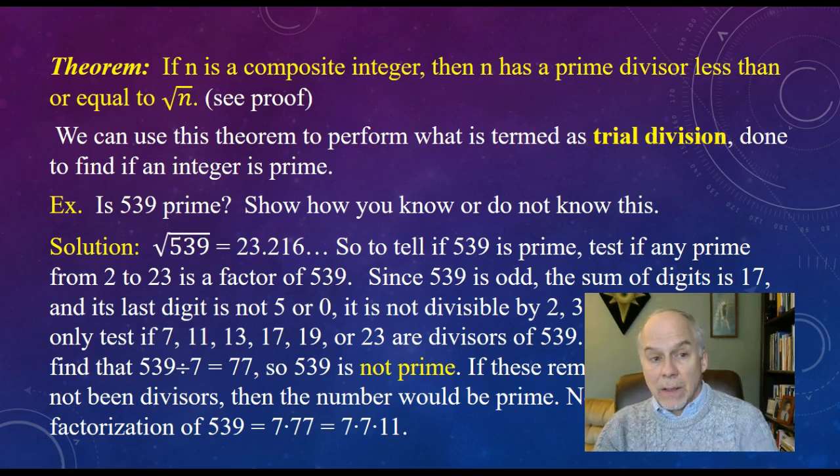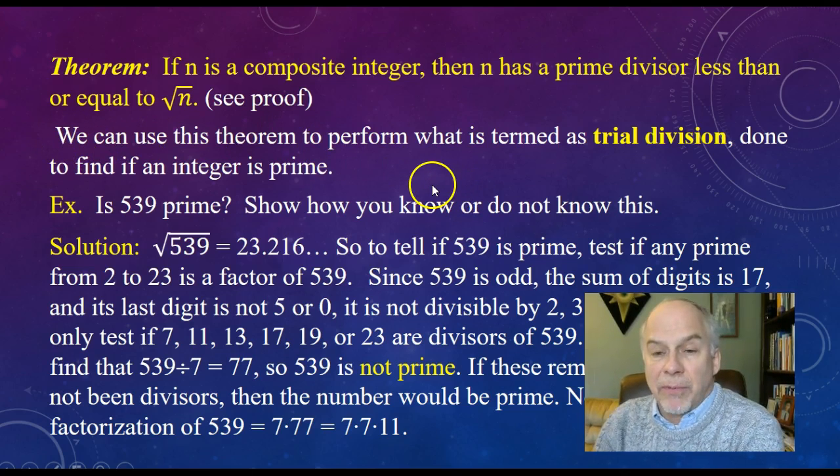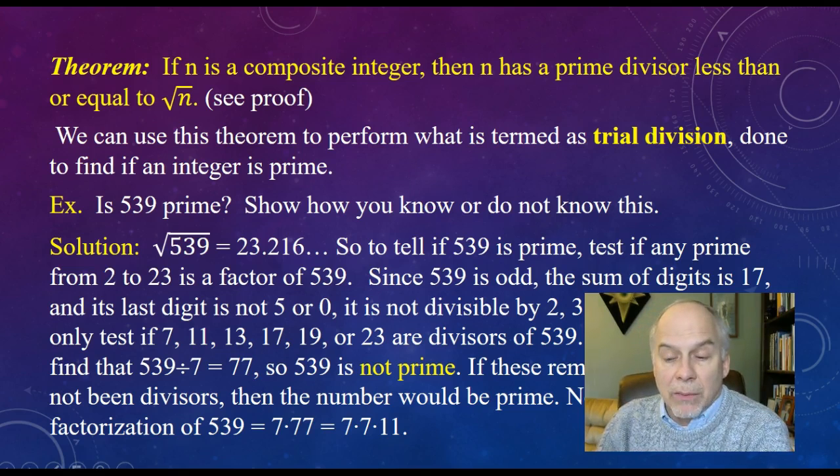Okay? So you might want to look at the proof in the textbook, but you don't have to. So we can use this theorem to perform what is termed trial division. We do this to try to find if an integer is prime or not.